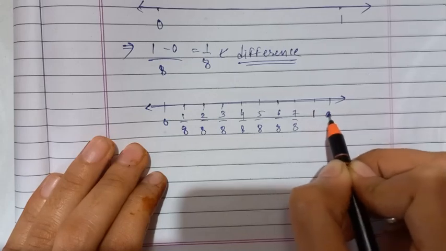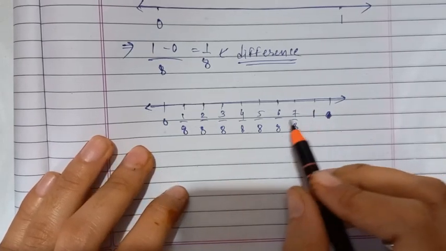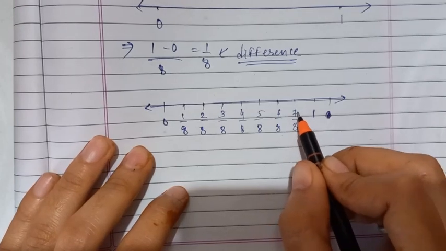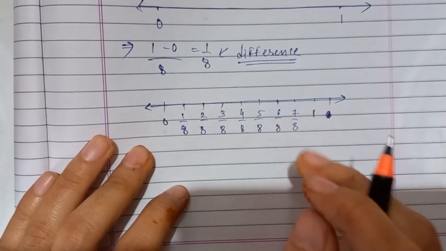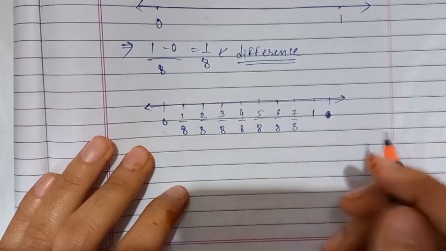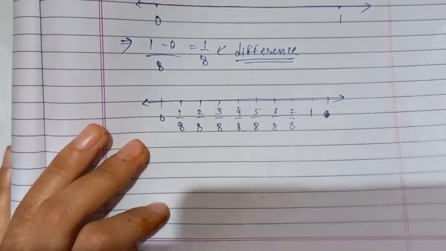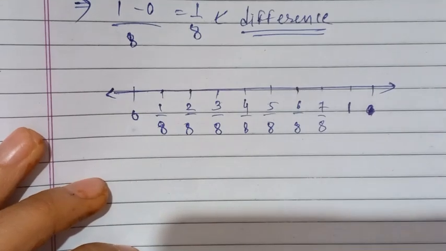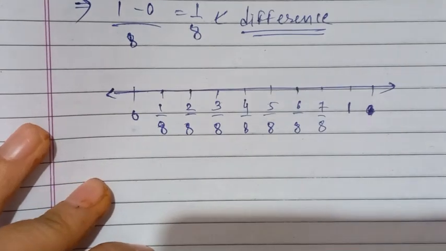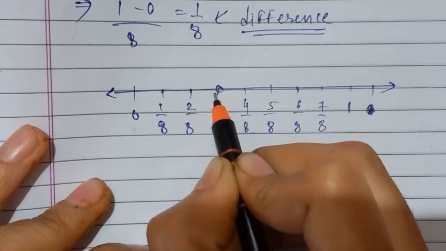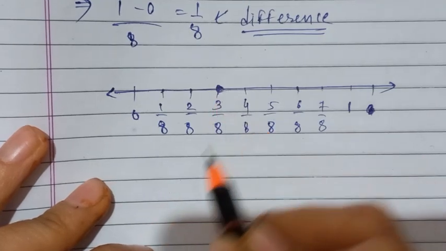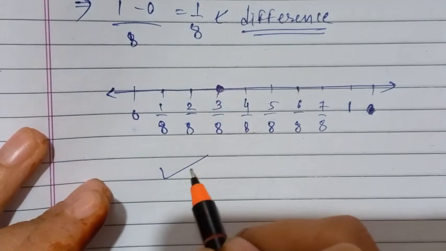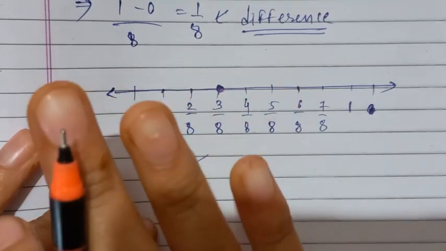If I add 1 by 8 to this, then 7 plus 1 is 8, and 8 by 8 is 1. Now you can represent simply this part. Make a circle and target. So the representation of 3 by 8 is complete.